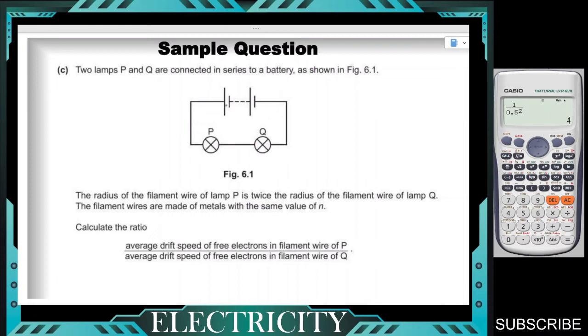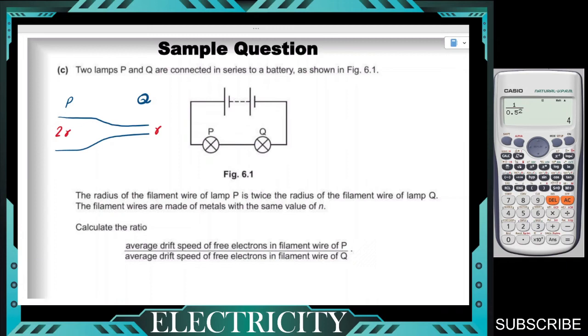If I draw the diagram for your convenience, it will look something like this. Side P here, side Q here. The radius here was twice. Let's say the radius was 2r here, and over here the radius is decreased to r. Then you need to find the ratio of the drift speed.